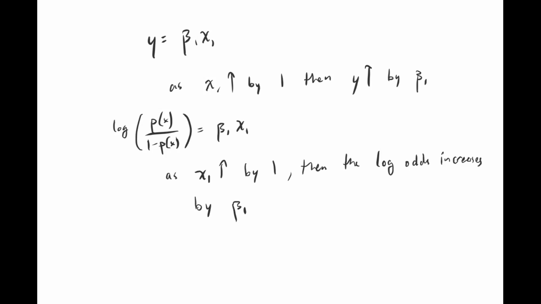It's really hard to interpret. Interpreting the odds kind of makes sense, it's a little trickier to think about, but interpreting the log odds is, to me, kind of like nonsense.